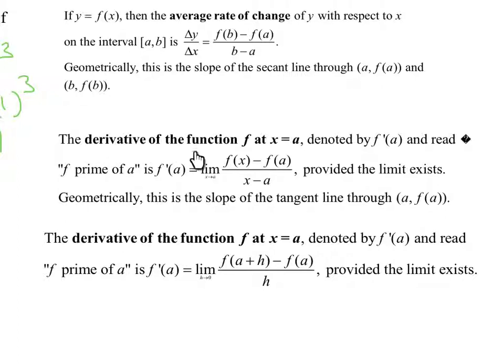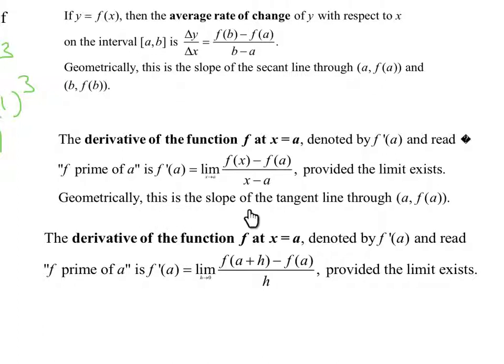Now the derivative of a function f at x equals a is denoted by f prime of a, and read f prime of a. f prime of a equals the limit as x approaches a of f of x minus f of a divided by x minus a, which is similar to what we just did, provided the limit exists. So the limit has to exist.